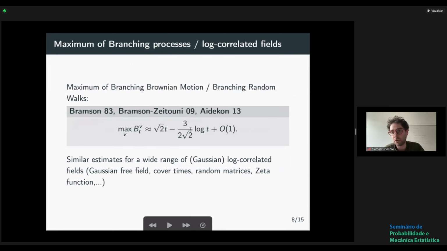Of course, there is no localization at the diffusive scale, but maybe around favorite sites there are some non-trivial effects appearing, and maybe you will find them in the correction terms of the maximum. So that's the motivation we had.